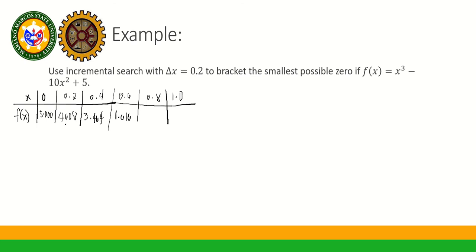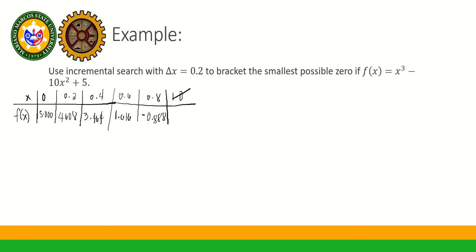So, since wala pang change of signs, you still proceed to plugging in values of x's dito sa function natin. So, at 0.8, our f of x will be equal to negative 0.888. Okay. So, since meron na tayong change of sign from positive to negative, we can disregard this one. So, wag na nating ituloy. Dito na lang tayo. Okay?